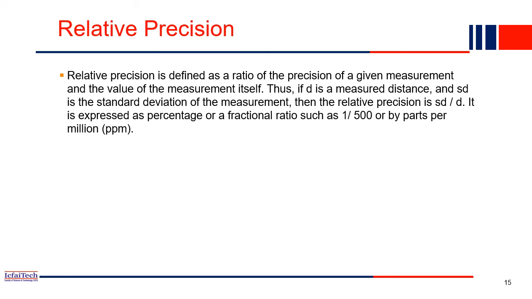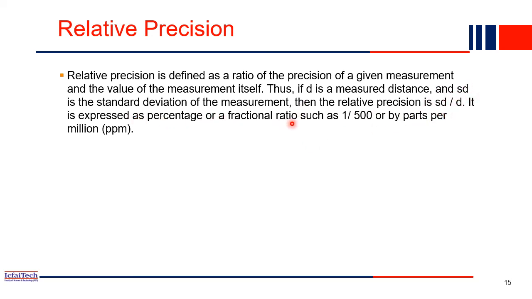Now what is relative precision? Relative precision is defined as the ratio of the precision of a given measurement to the value of the measurement itself. Thus, if d is a measured distance and SD is the standard deviation, then the relative precision will be SD by d, the standard deviation divided by the total measurement.